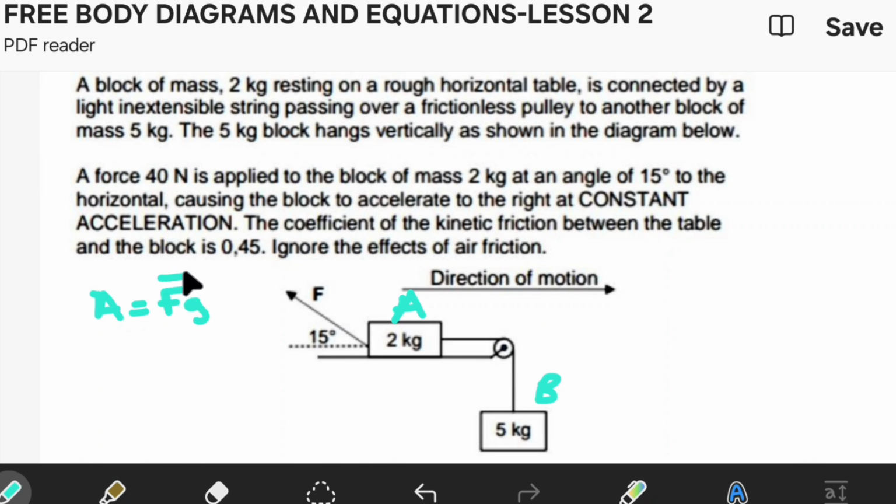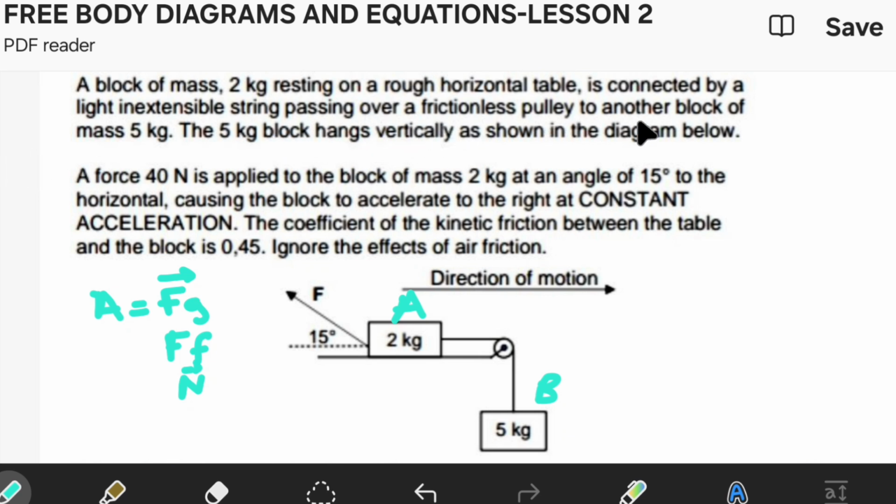That's one of the forces it will have. It is resting on a rough horizontal table, so it will have the frictional force as well as the normal force because it is on a surface.